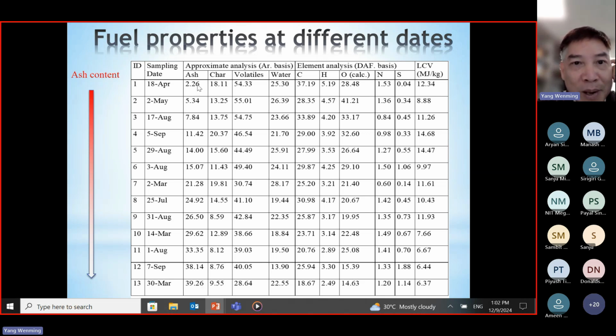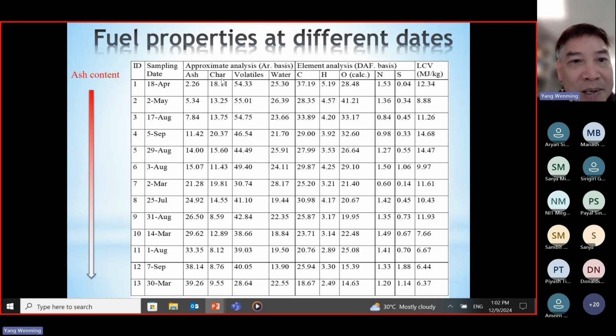The major compositions are also quite different. For example, in this case, carbon is 37%, hydrogen is 5.19%, oxygen is 28.48%, nitrogen is 1.53%, and sulfur is 0.04%. So at different dates, the collected samples have different major compositions, and this will affect the heating value, correct?